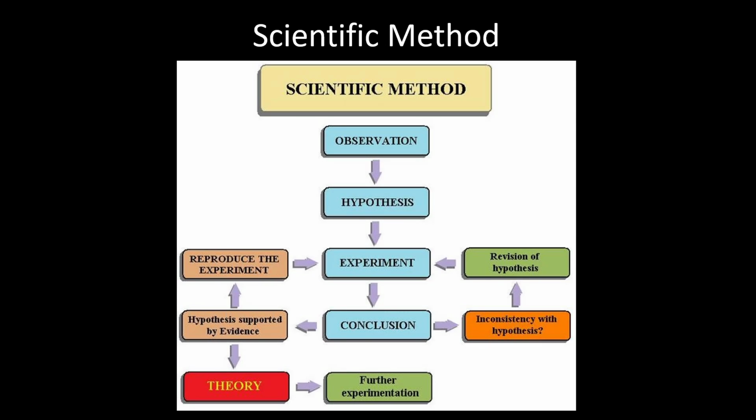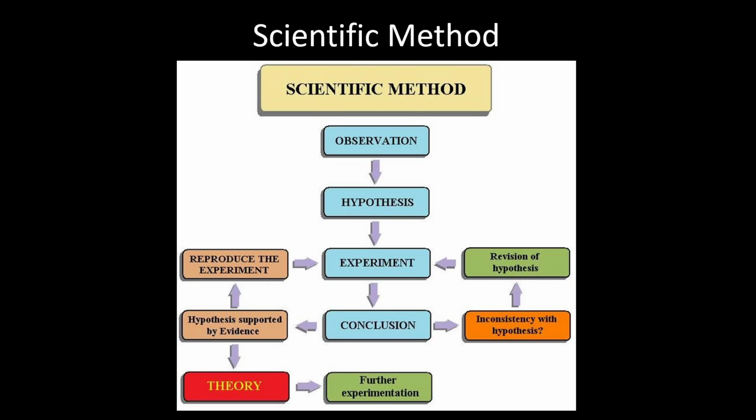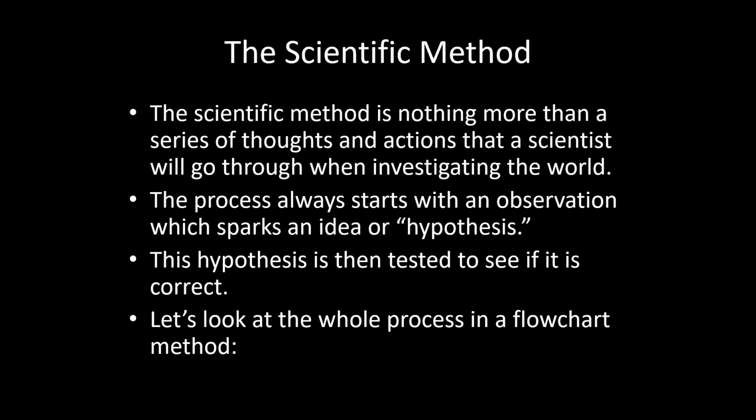So the scientific method, there could be some fairly straightforward questions over the scientific method, nothing super abstract or in-depth. Possibly something like explaining the difference between a hypothesis and a theory, for example. So a hypothesis would be based on one observation.